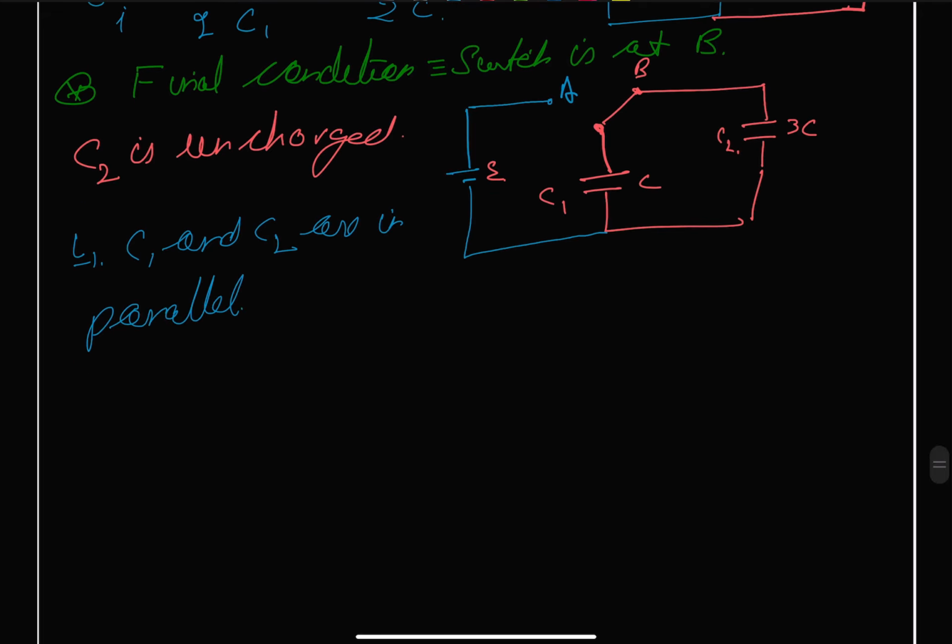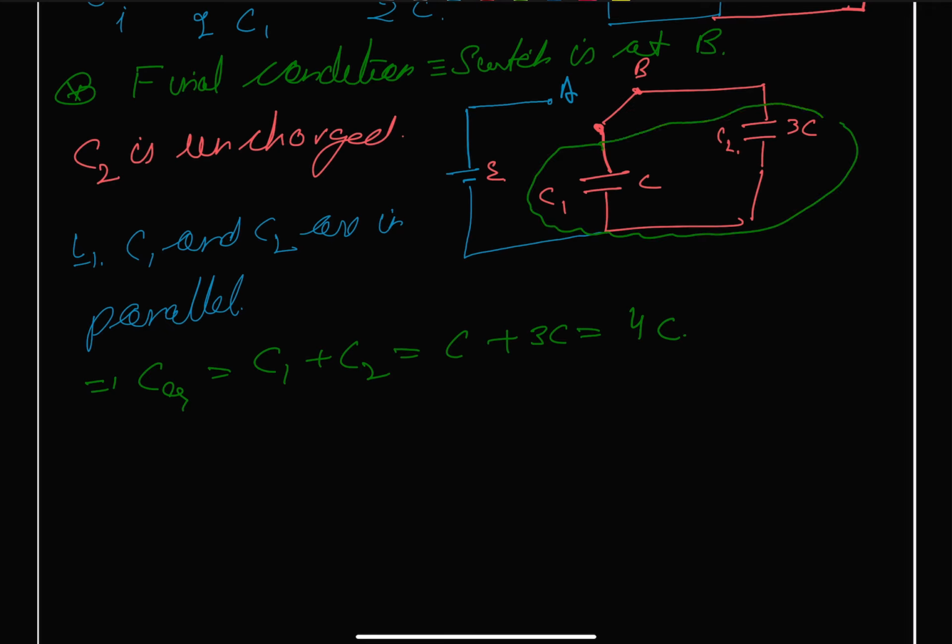Therefore, C equivalent will be equal to C1 plus C2, which comes as C plus 3C, giving us 4C. And this charge Q will be spread on this equivalent capacitance, which has a charge of Q.